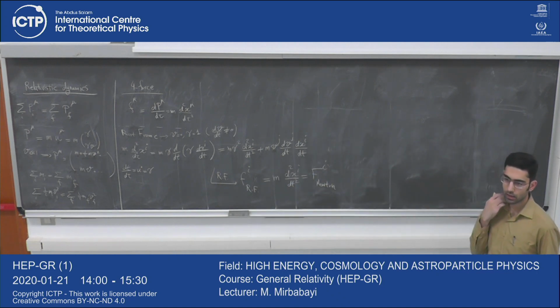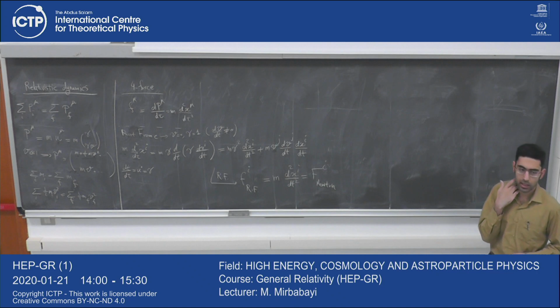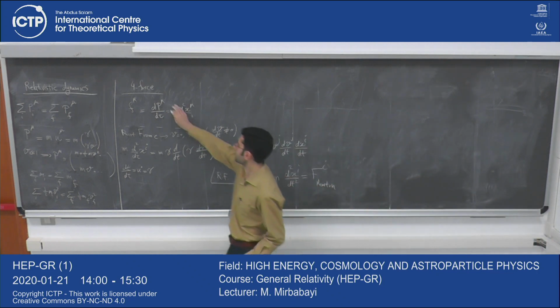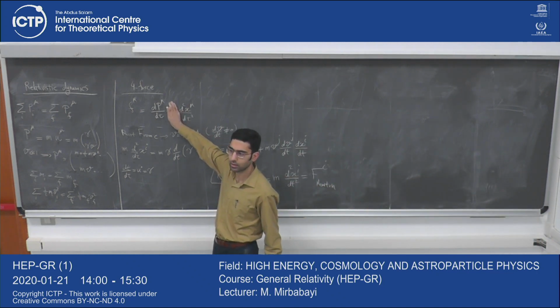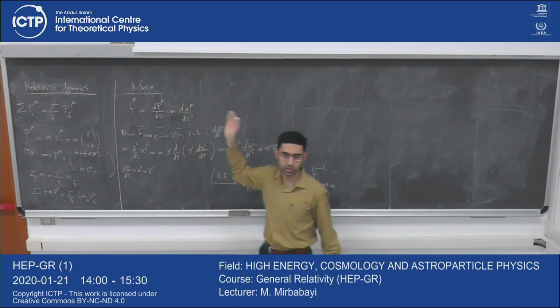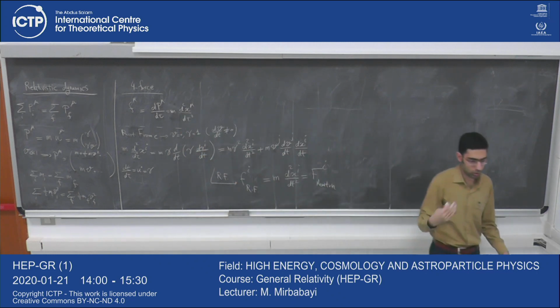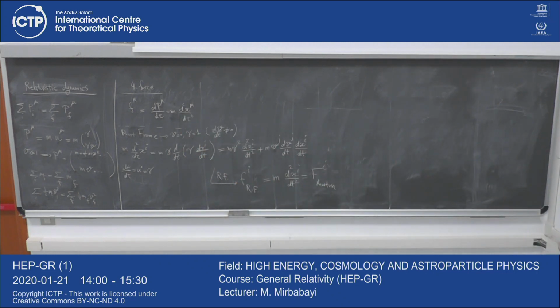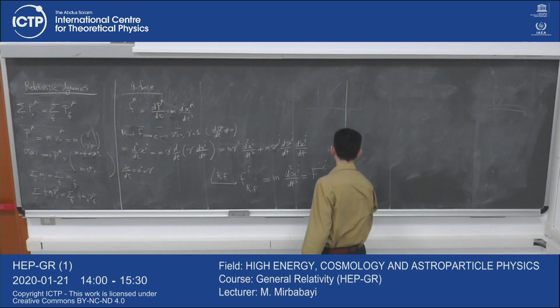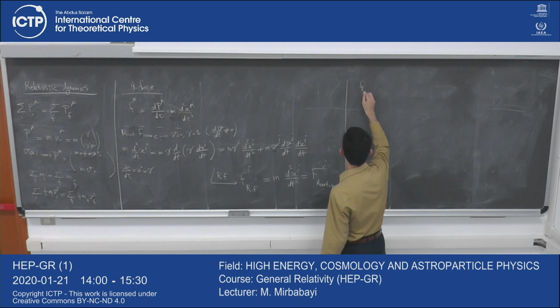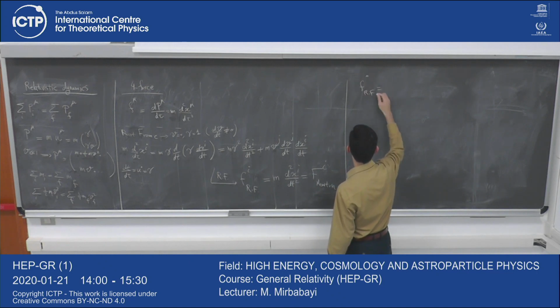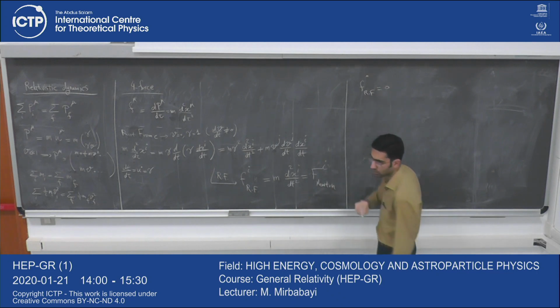Similarly, you can define four acceleration by just not writing this m here. And that four acceleration, as we take the Newtonian limit, reduces to the usual acceleration. Then we can easily show that in the rest frame, the zeroth component of this four force or four acceleration is equal to 0.